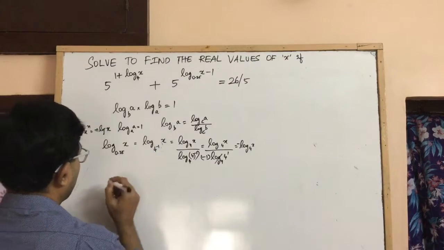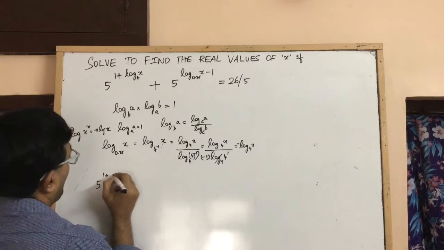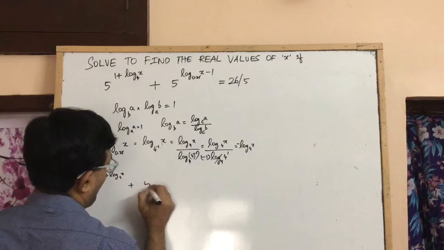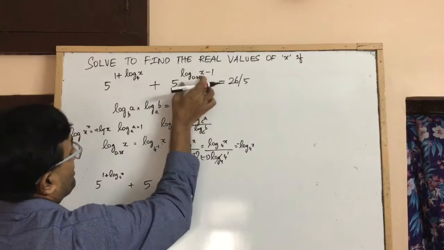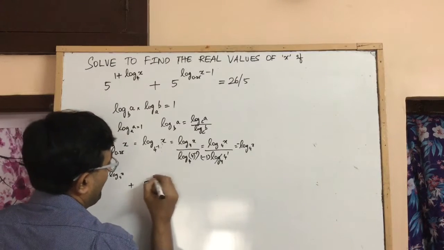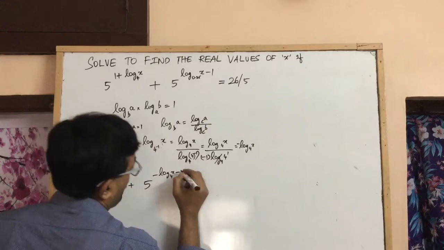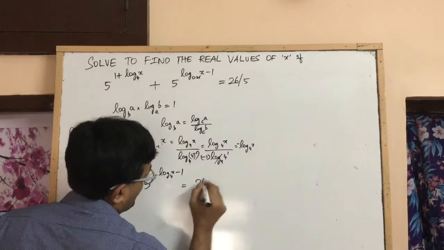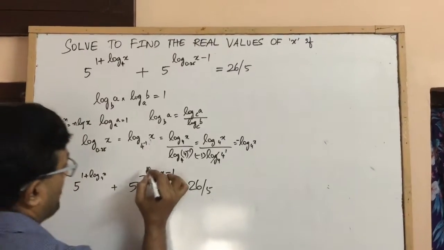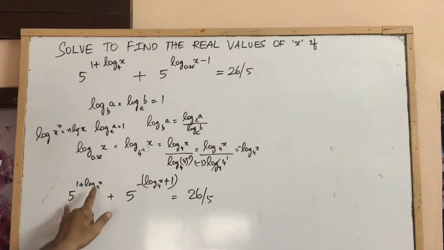So we could rewrite the given equation as 5 power 1 plus log x to the base 4 plus 5 power, now this we have proved to be minus log x to the base 4, right? Minus log x to the base 4 minus 1 is equal to 26 by 5. Now if we take this minus common out here, this should ring a bell, right?